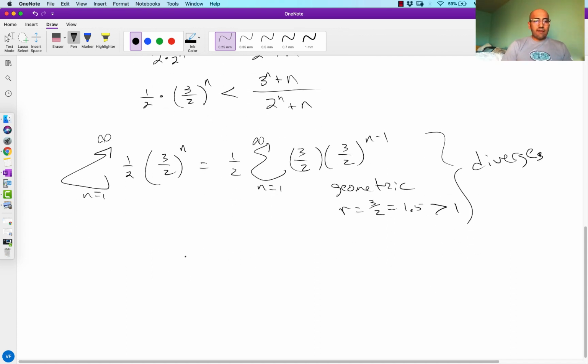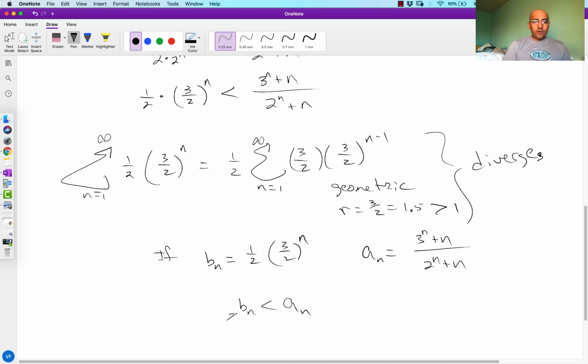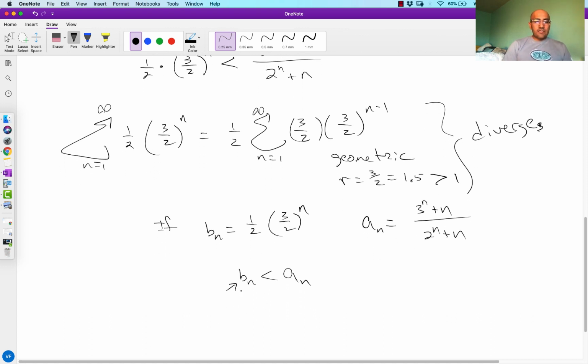Good. So we've established that if b sub n is equal to 1/2 times 3 over 2 to the n, and a sub n is equal to 3 to the n plus n over 2 to the n plus n, then on a term-by-term basis, b sub n is less than a sub n, but we've also established that the sum of the b sub n's diverges.